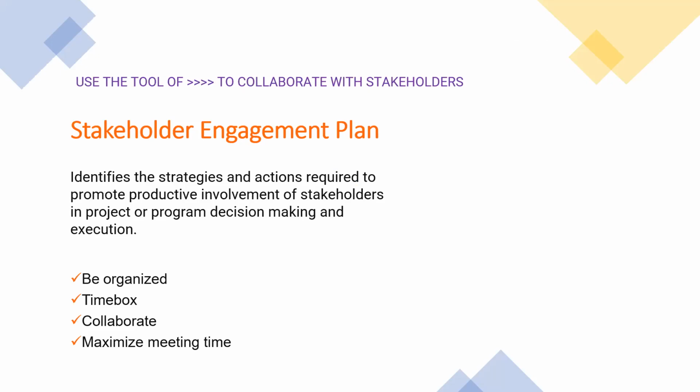What you need to remember whenever you want to engage stakeholders is that you need to employ the stakeholder engagement plan. Remember this plan when we were planning stakeholder engagement. Now, what is a stakeholder engagement plan? Who are my stakeholders?